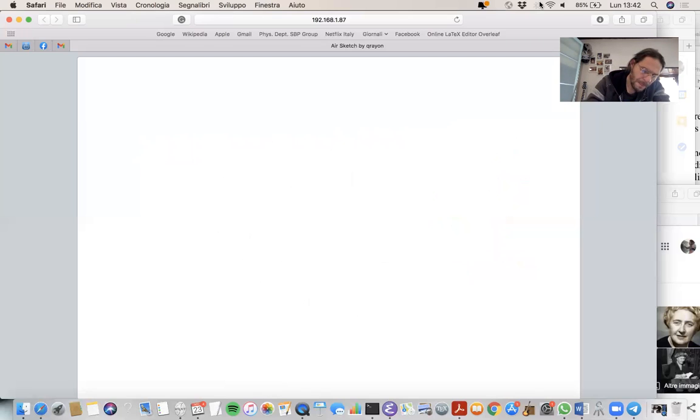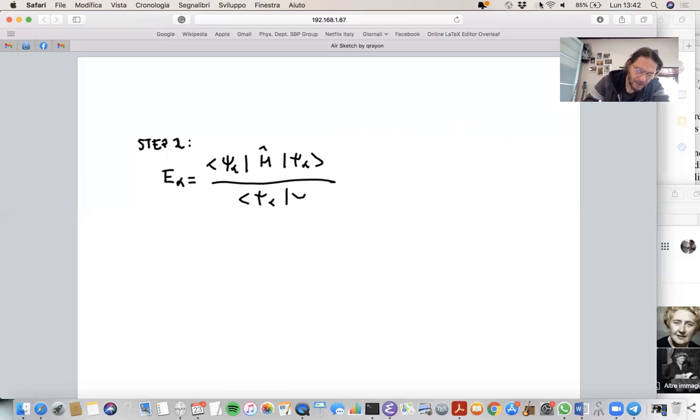Step number 2 is compute the expectation value. Now, this will, of course, depend on the specific value of the parameter that I've been using, alpha, determining how steep is the Gaussian.